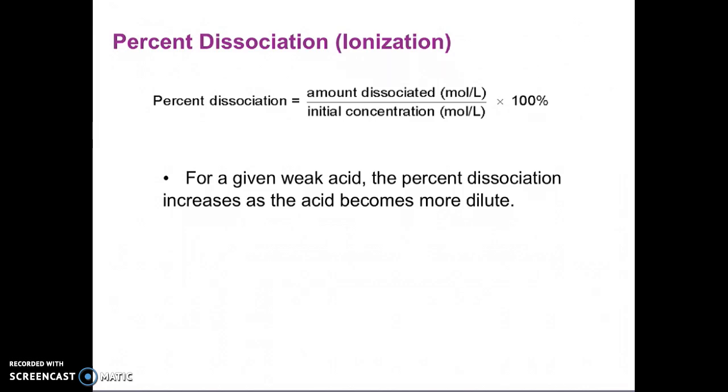But what's unique about percent dissociation is that for a given weak acid, the percent dissociation increases as the acid becomes more dilute, and I want to prove that to you guys as we go through an example problem.